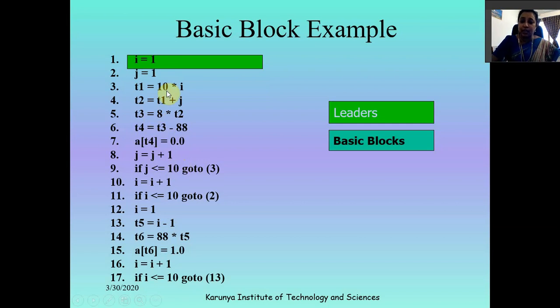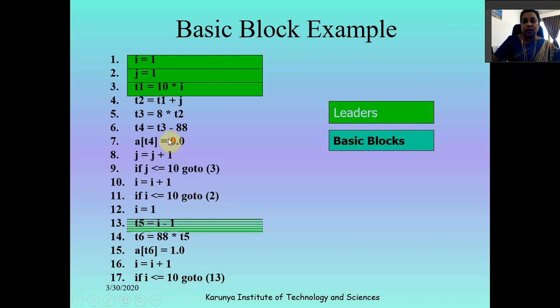There are no other if conditions. When it comes to 9, the if condition here goes to the point 3. So 3 becomes a leader, and then you go ahead with goto 2, and 2 becomes another leader. Now this is the output of it.